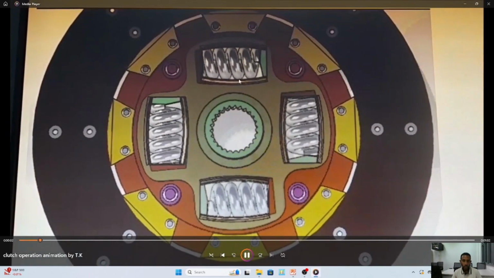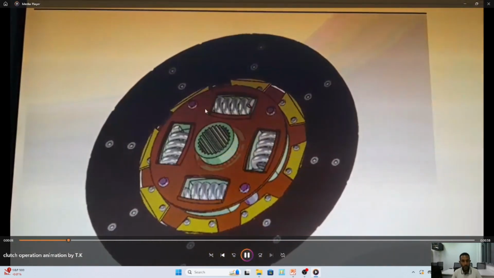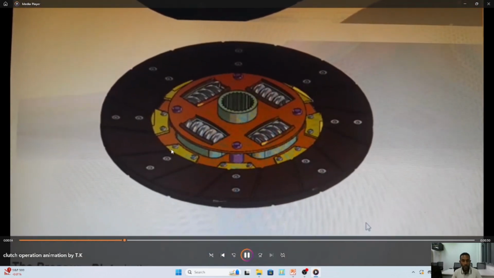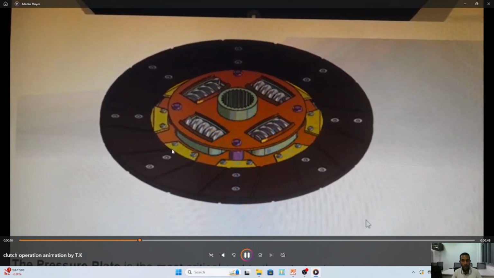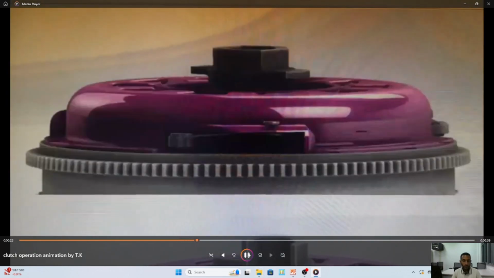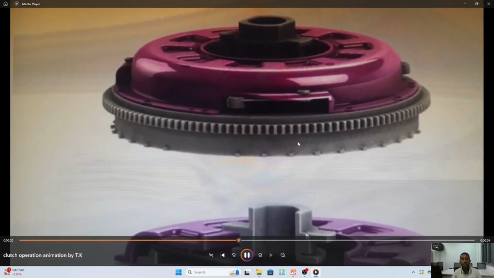As you see, this one shows us the torsional spring. It reduces the torsional stress, or it allows the movement, and this one shows the cushion spring. So the cushion spring allows the smooth engagement between the pressure plate assembly and the flywheel when it engages and disengages.